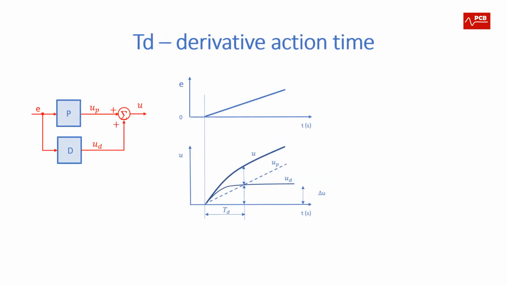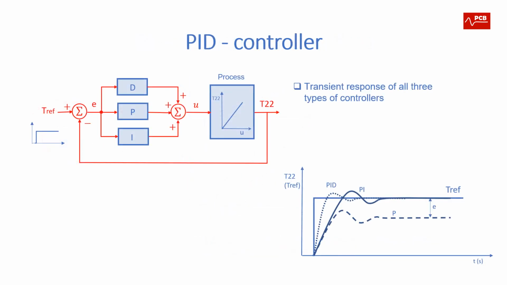There is a parameter TD, the derivative action time, which is specified. It means that TD is the time it takes for the P component to reach the value of the D component. From the shown diagrams, we see the transient response of all three types of controllers, and the PID controller achieves the desired value faster.